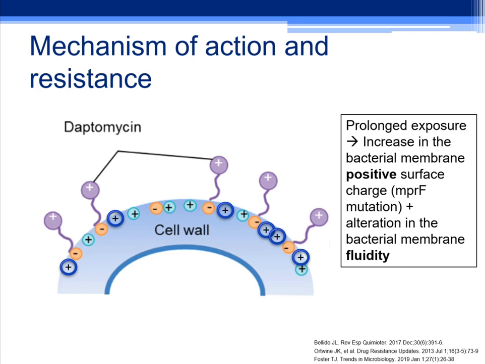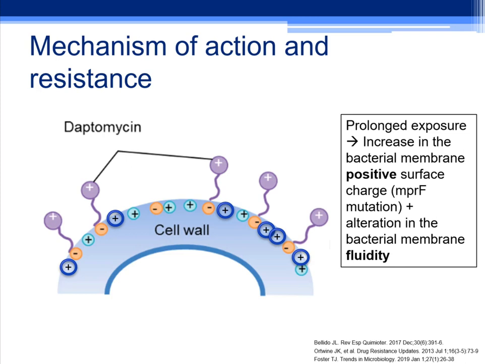So if you think about that, it's a cationic peptide that wants to go to a negatively charged cell wall, so how is a bacteria going to develop resistance to avoid that? Well, relatively easily. With prolonged exposure, you get an increase in bacterial membrane positive surface charge. Something called the mprF mutation is most likely associated with the development of resistance. It also creates some alterations in the bacterial membrane fluidity.